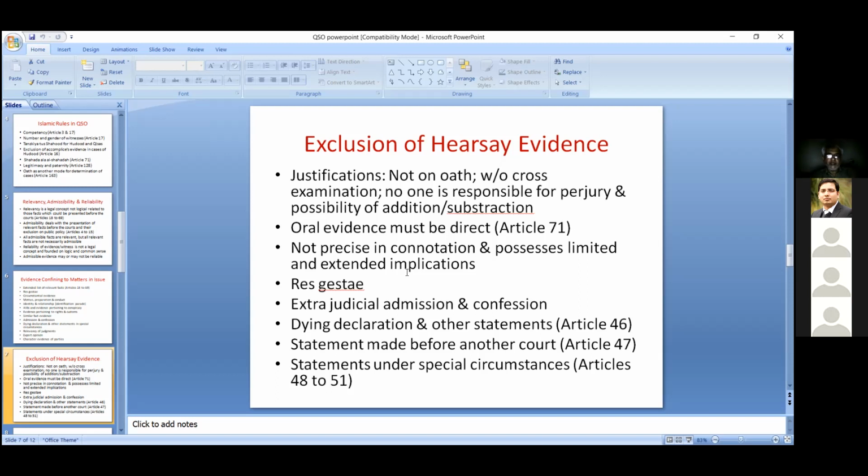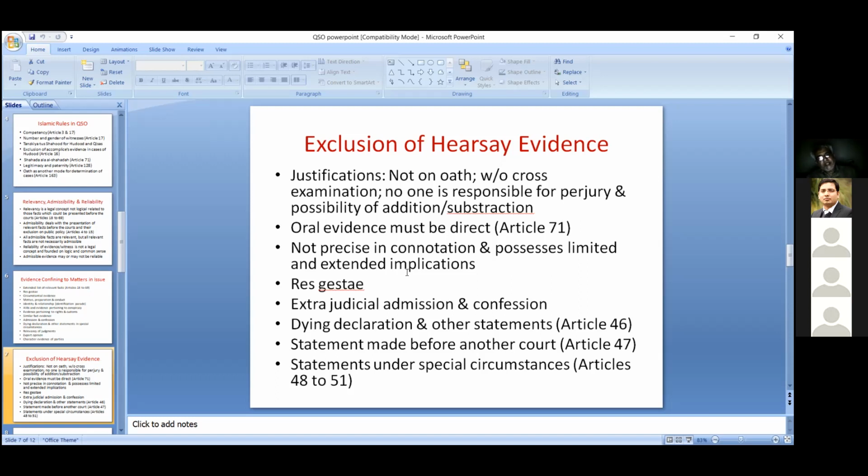For example, the witness is dead, he is not available, he is not in a position to give evidence, and whatever he has said was relevant, and the party against whom his evidence is going to be used had the opportunity to cross-examine him in the previous proceedings. So these are the requirements. If these requirements are met, then his evidence could be entertained.